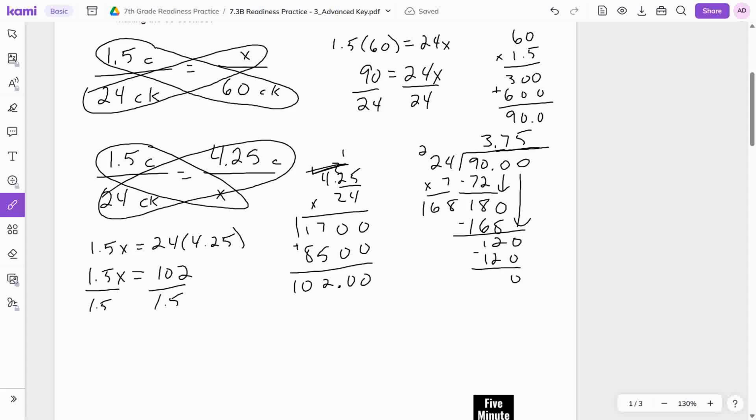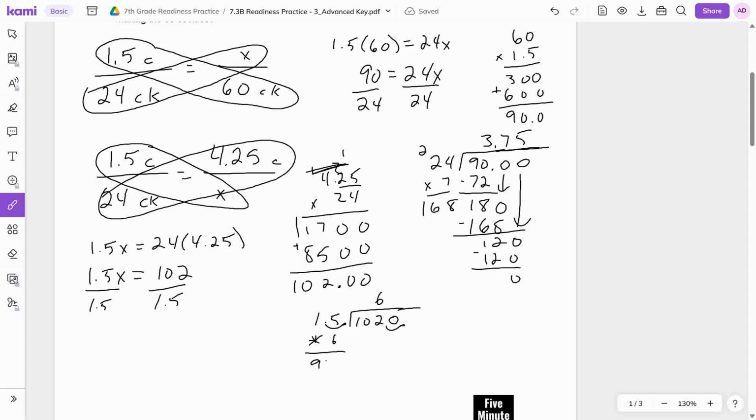So now we need to divide both sides by 1.5. And we have 102 divided by 1.5. That will isolate that x. And what we want to do is we never want to have a decimal in our divisor. So let's multiply this by 10. Let's multiply this by 10. So it's 15 into 1020. It's going to just be a little bit cleaner for us. So I think we could do 6 times, almost 7, but not quite.